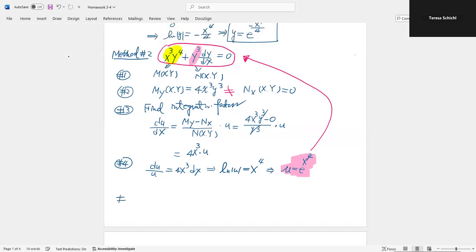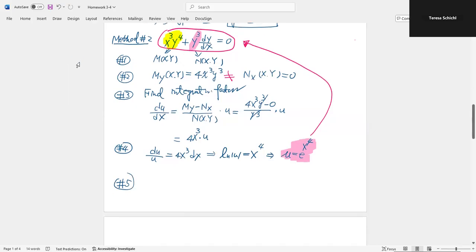This is step number 5. So I multiply it, and this will be e to the x fourth, x cubed, y fourth, plus e to the x fourth y cubed dy over dx equal to 0.